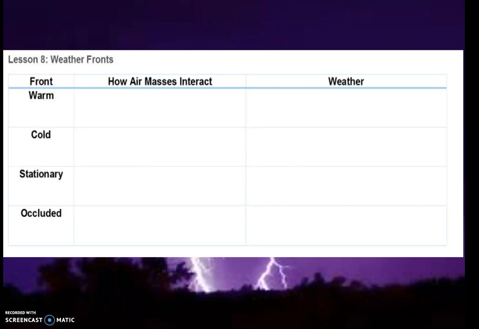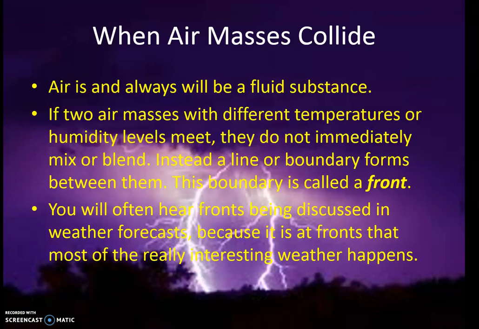All right, so then finally lesson 8 talks about weather fronts. And this is another thing that you're going to be drawing on your map as part of the 1.10 assignment. So we're going to talk about warm, cold, stationary, and occluded fronts. So each front is formed when air masses collide. So air is and always will be a fluid substance. It's constantly moving. If you wave your hands around in the air right now, you're moving air around.